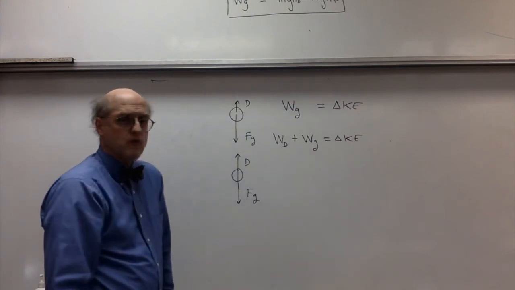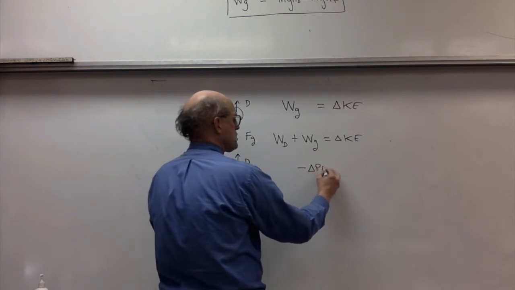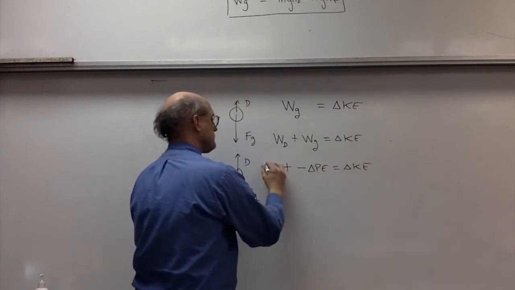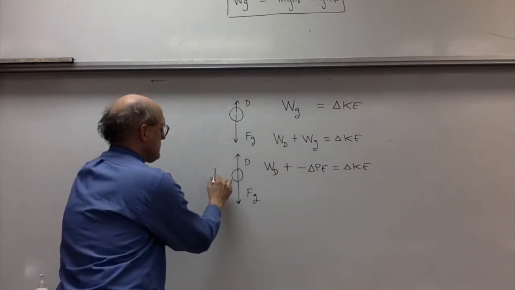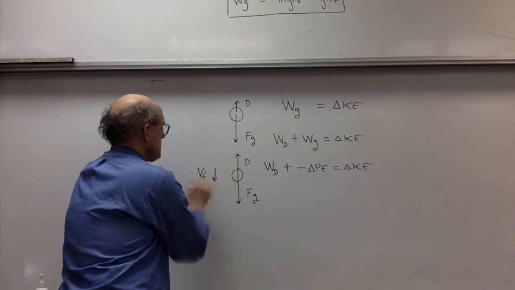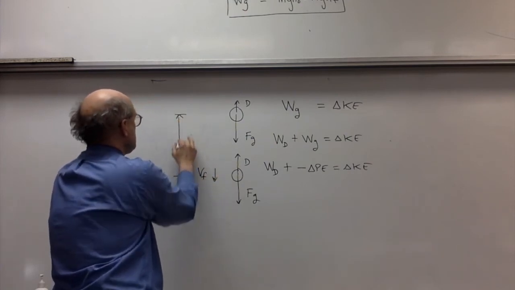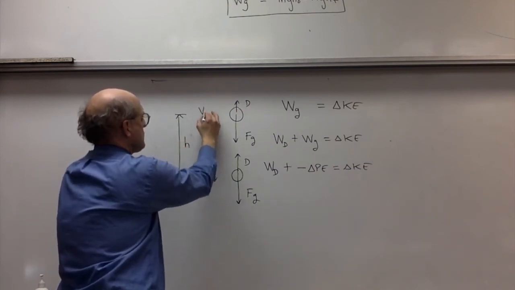Now the work done by gravity, recall, is equal to the negative of the change in potential energy. So suppose we want to figure out the final speed of the ball after it falls through a distance which I'm just going to call h. And let's say it starts from rest.